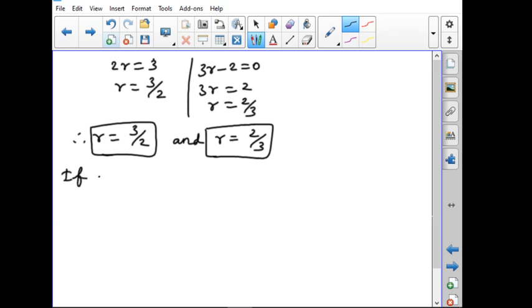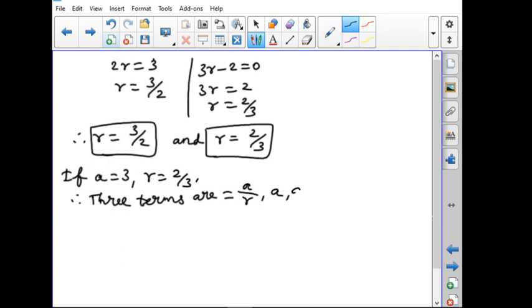If A equal to 3, R equal to 2 by 3. Therefore, the 3 terms are, what is our three terms? A by R, A, AR. Here you have to substitute the values: A is 3, 3 by R is what here?